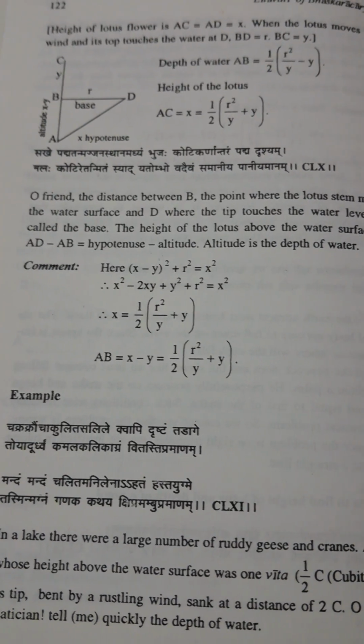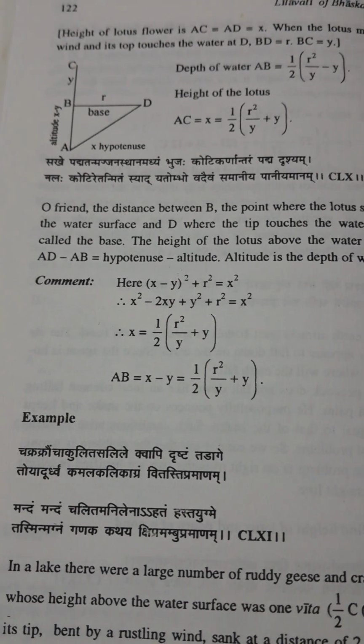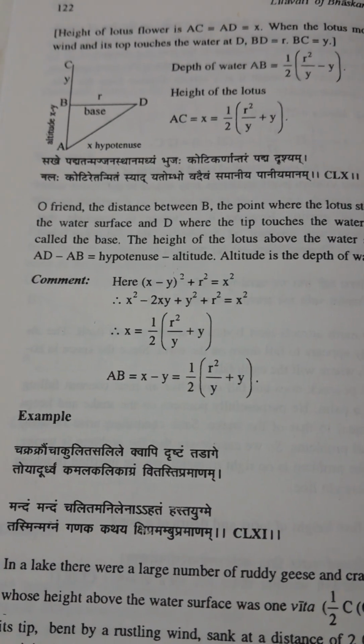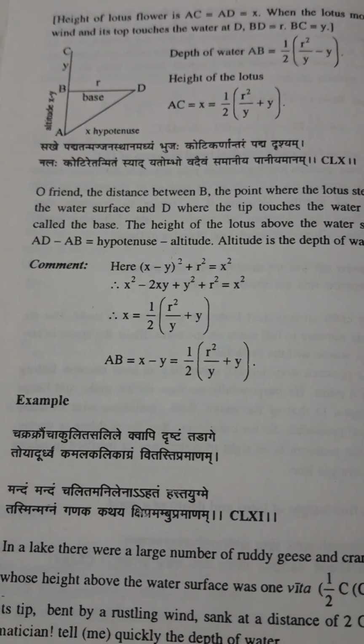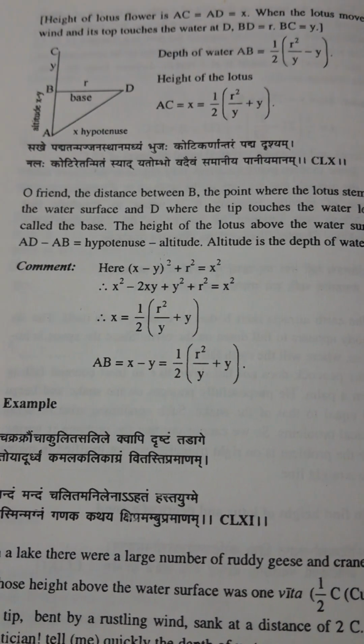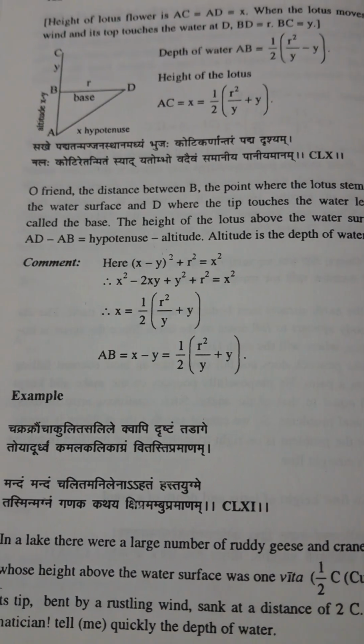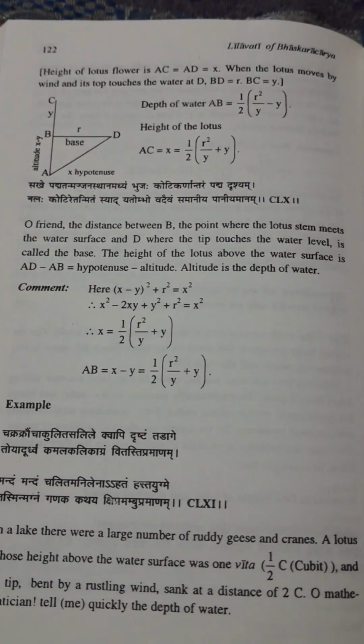AC we have to find out, but what is given is BC, the lotus length, the height above the water, and BD, the distance at which it bends and touches the water. So that is the depth of the water.